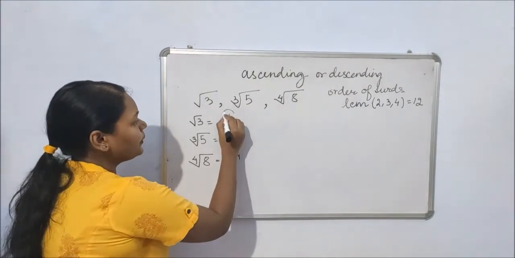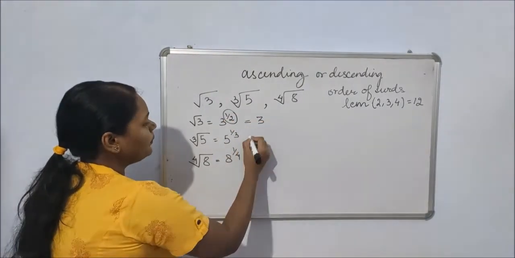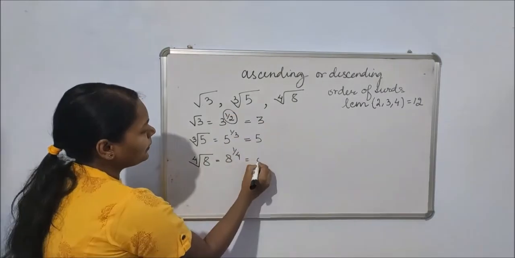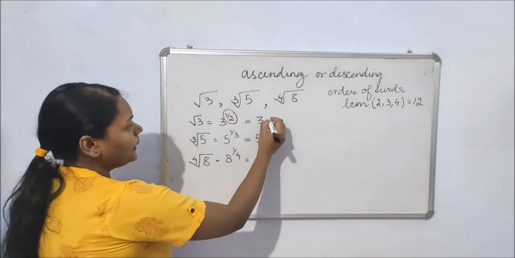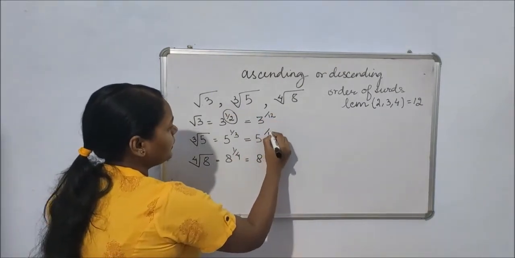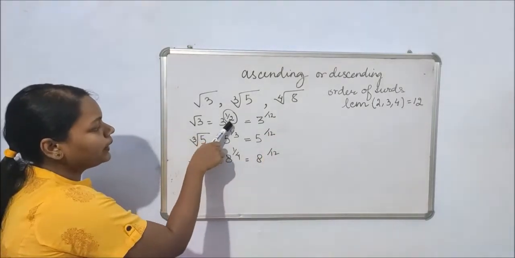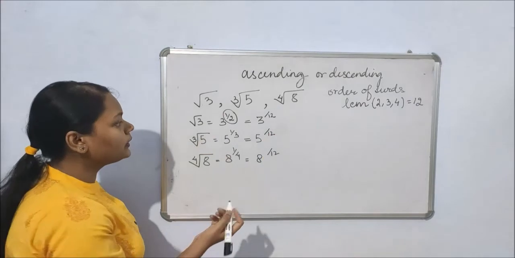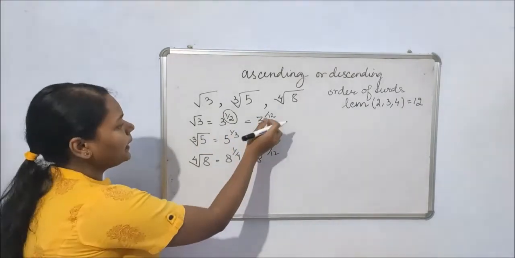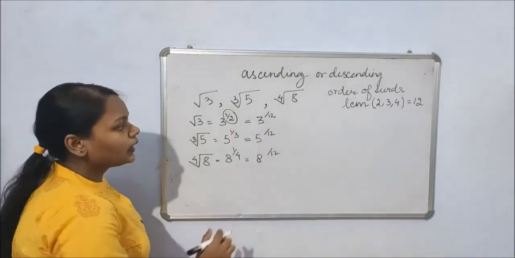Now, we have to manipulate these powers in such a manner that the base will be the same, but the power's denominator will become 12. See what I said? This 1 by 2 I have to change in such a manner that the denominator becomes the LCM.